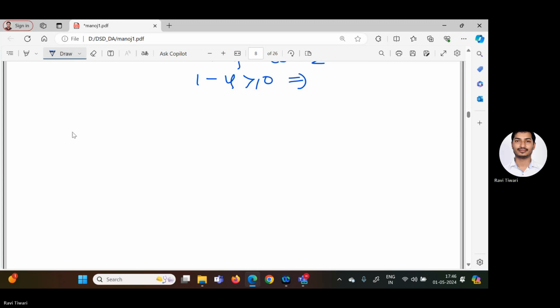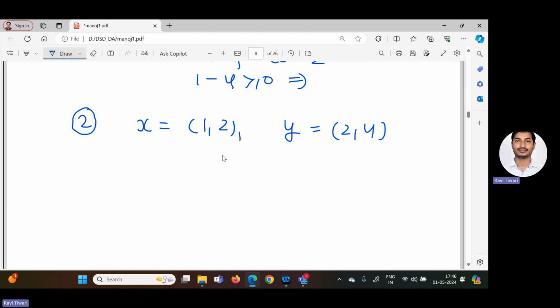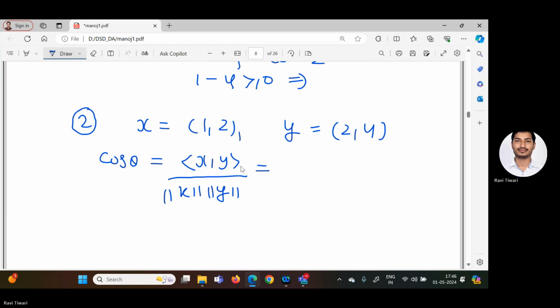If we are asked to calculate the angle between x and y, we can calculate cos theta as the inner product of x and y divided by the norms. Obviously, x and y inner product will be the first component with first plus second with second, that is 1 plus 8, so 9, divided by the square root of 1 squared plus 2 squared, so 1 plus 4, and the norm of y.